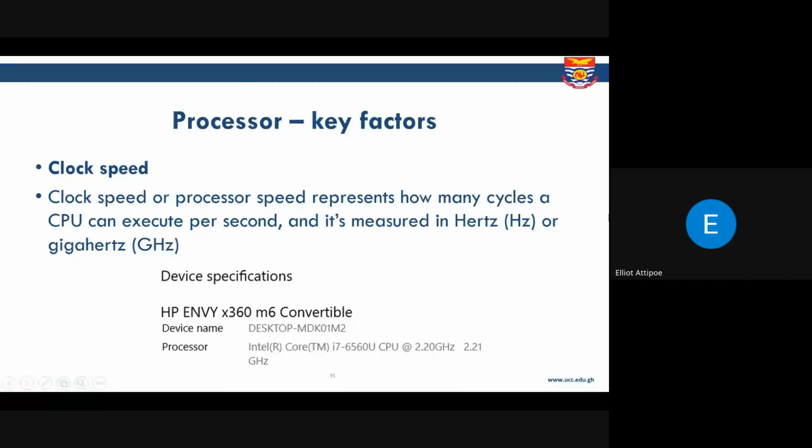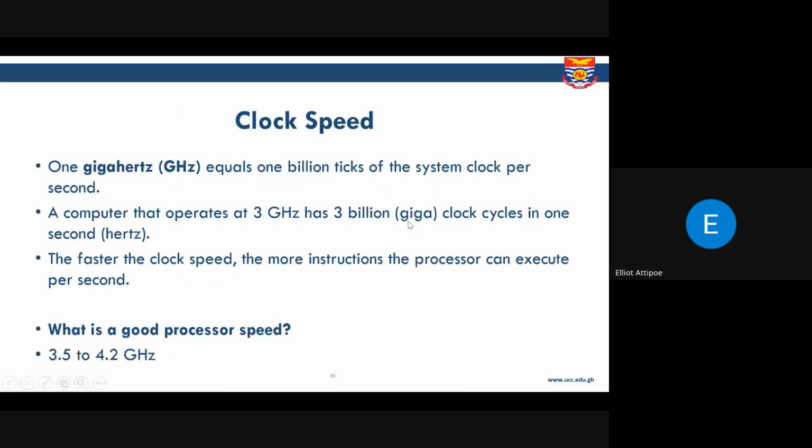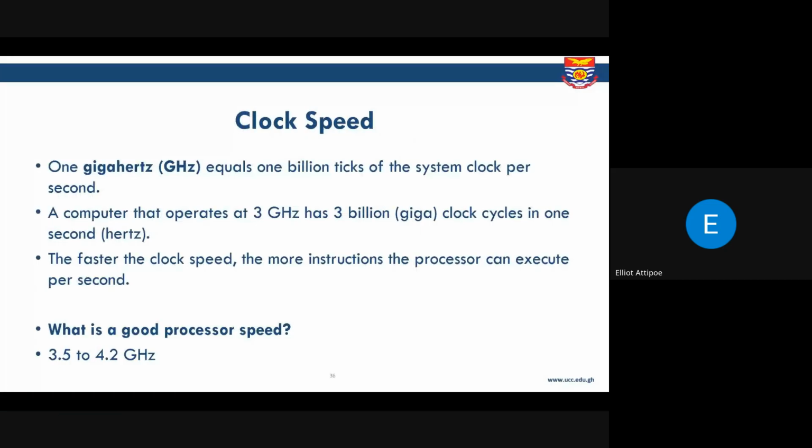Is there a question from Abigail? Or was it a mistake? Okay. So the speed is billions of instructions per second. The higher the speed, the better.